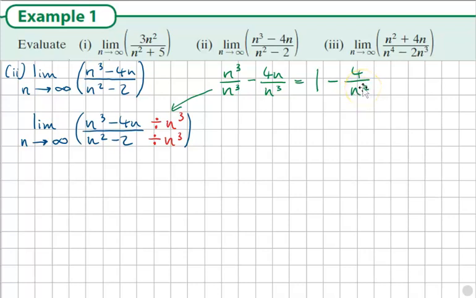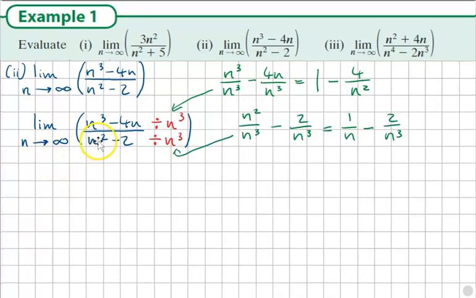So an n will cancel on the top and the bottom. Then dividing the denominator, n squared divided by n cubed, again, you're dividing by the highest power of n, will end up giving us 1 over n. And then minus 2 divided by n cubed will give us minus 2 over n cubed, which just stays the same.